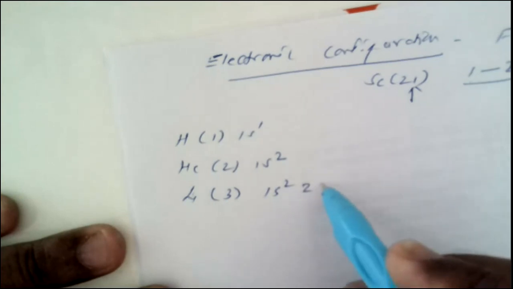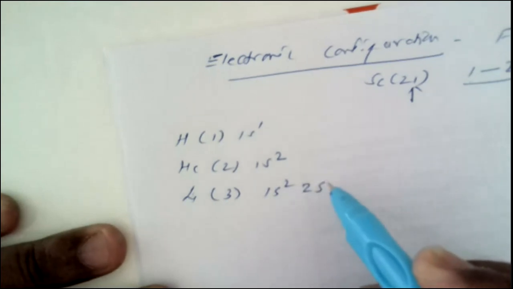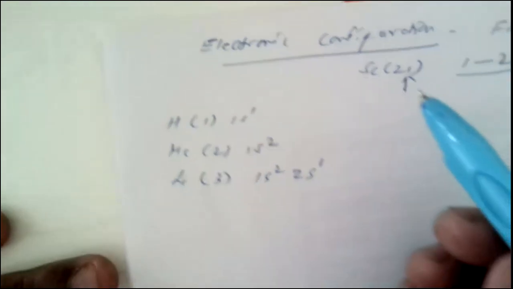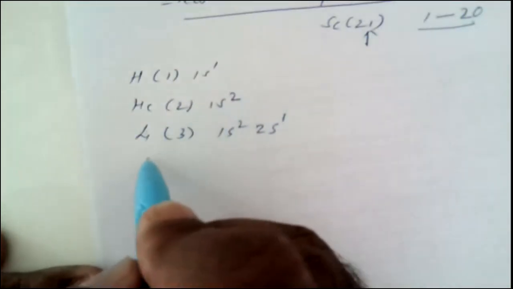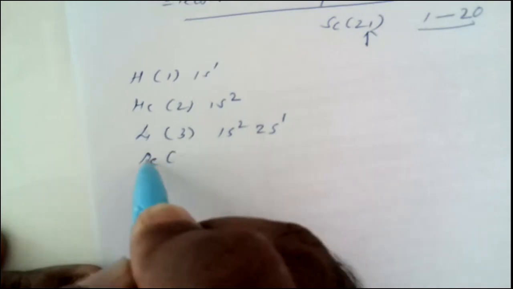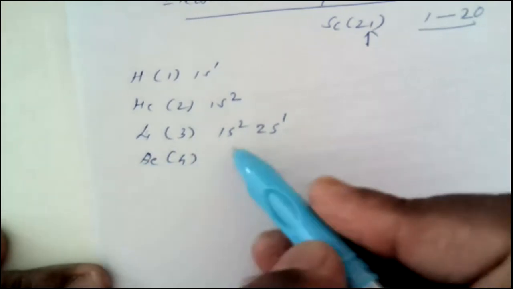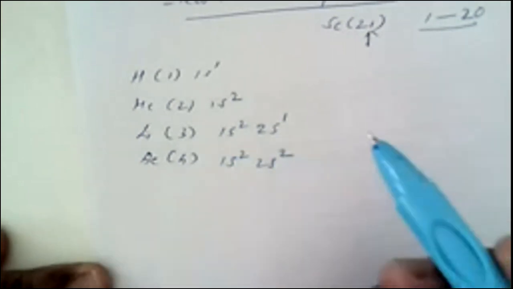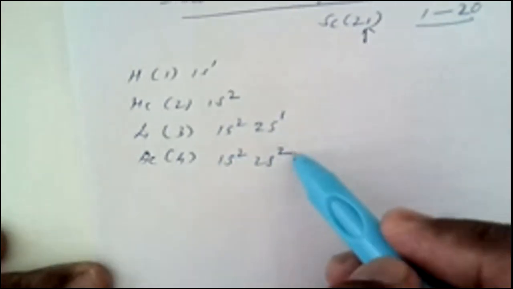The next higher energy level available after 1s is 2s. So this is 2s1. Then atomic number 4 is beryllium, Be. We write the electronic configuration as 1s2 and 2s2. We just add one more electron into the s orbital.